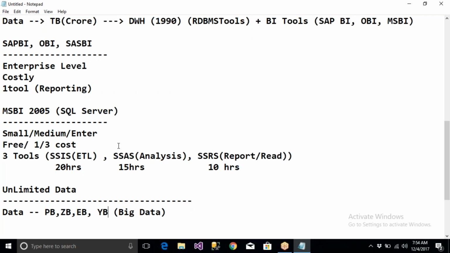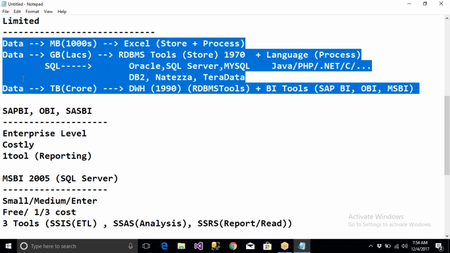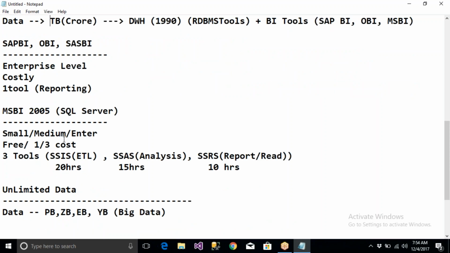Definitely traditional systems, normal BI applications, normal RDBMS applications, normal Excel sheets cannot store it, because we were talking about human beings creating data. You buy something, the data is created. But today machines are participating. 80% of the data is coming from machines only, like weather forecasting systems, or a machine whose maintenance logs are recorded.